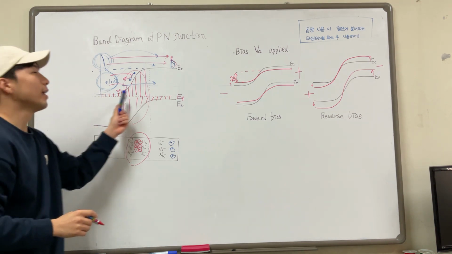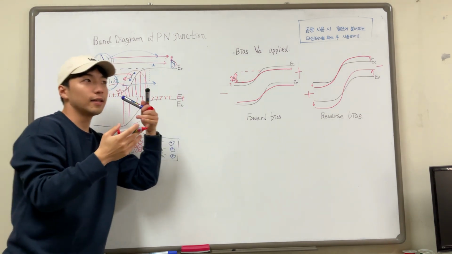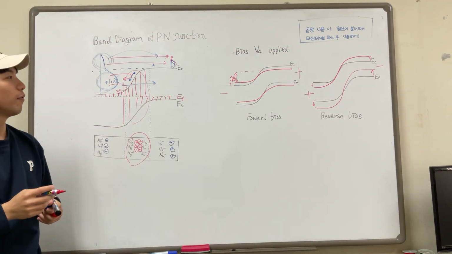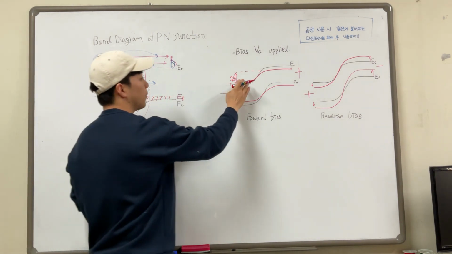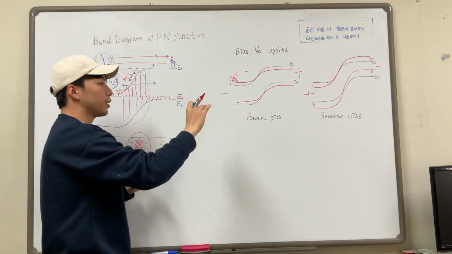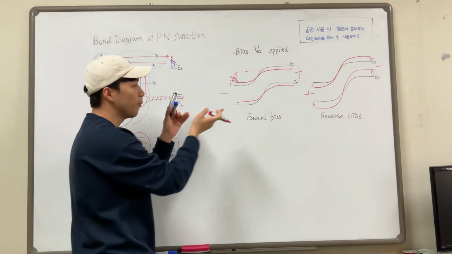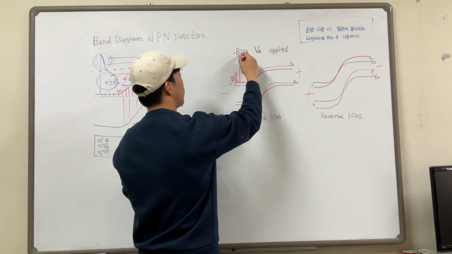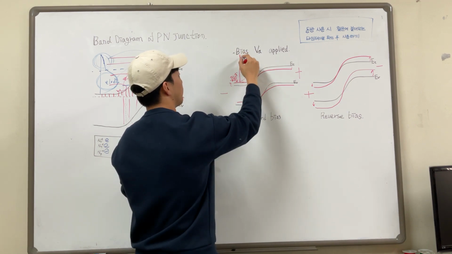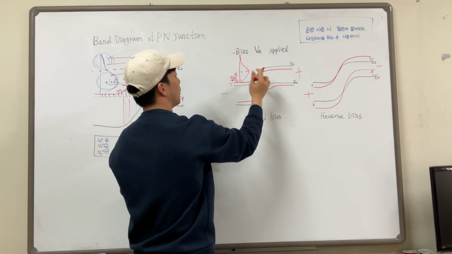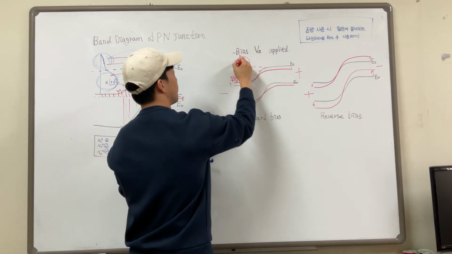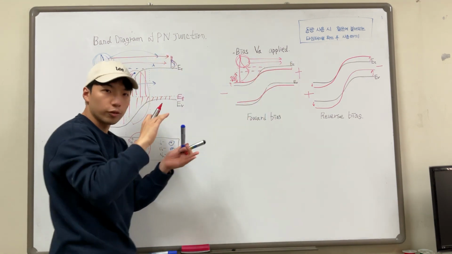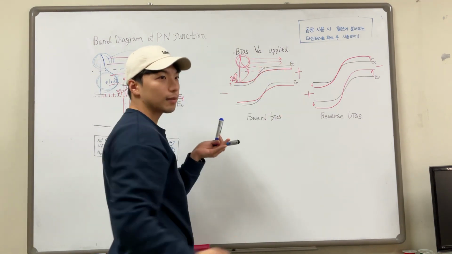We will apply this Boltzmann tail knowledge to the applied bias. First, when the junction voltage gets smaller, in the case of forward bias, the Boltzmann tail shifts, and this position will be easier to go from the n-type semiconductor to the p-type semiconductor.